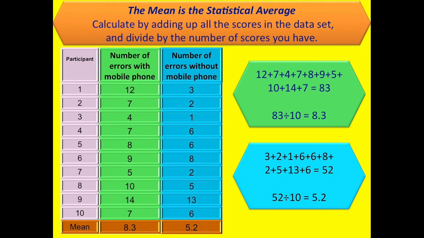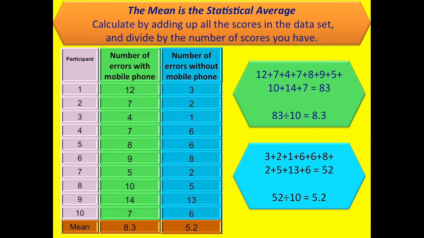So the mean is the statistical average, and you calculate it by adding up all the scores in the data set and dividing by the number of scores you have. For the green column, number of errors made with a mobile phone, you add those up: 12, add 7, add 4, add 7, add 8, add 9, add 5, add 10, add 14, add 7 equals 83.